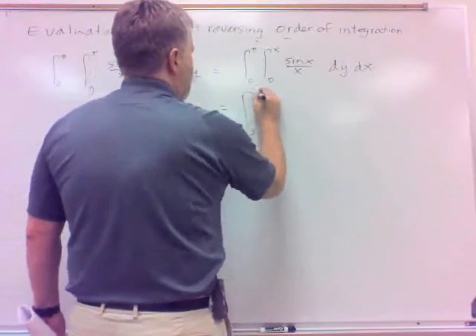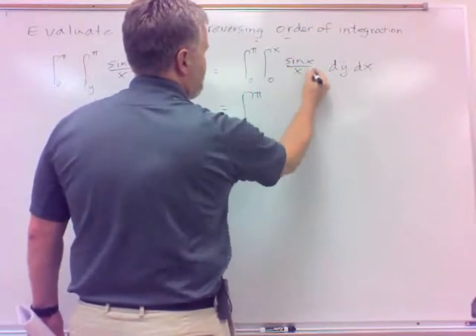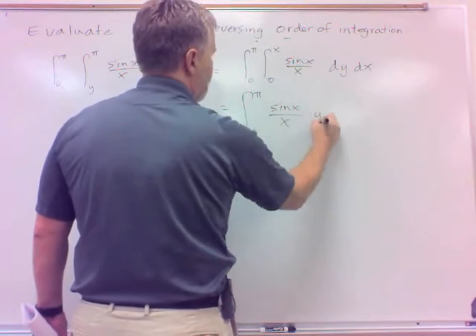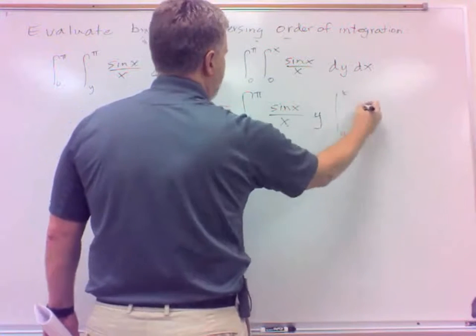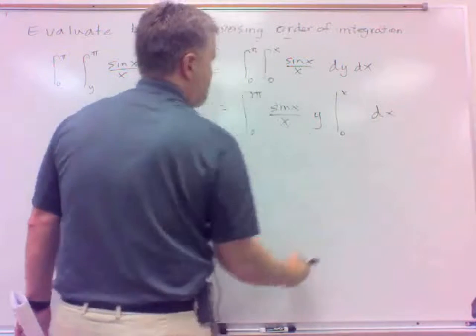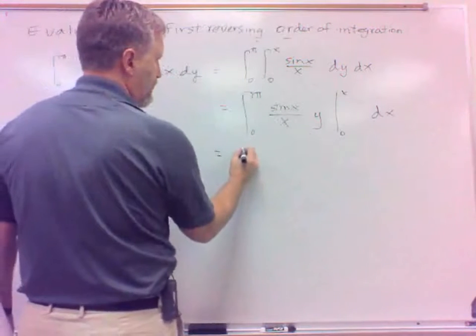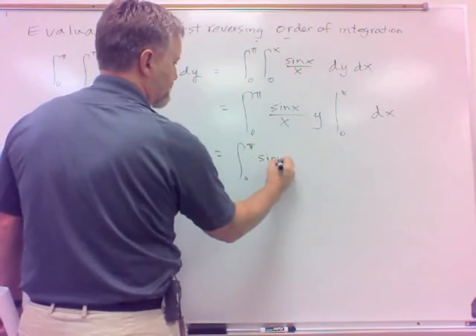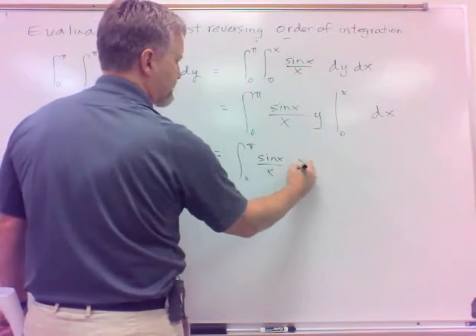And so I get 0 to pi. That would just be sine of x over x times y, right? 0 to x. And so that would be 0 to pi. Plug in the x, I would have sine of x over x times x minus 0.